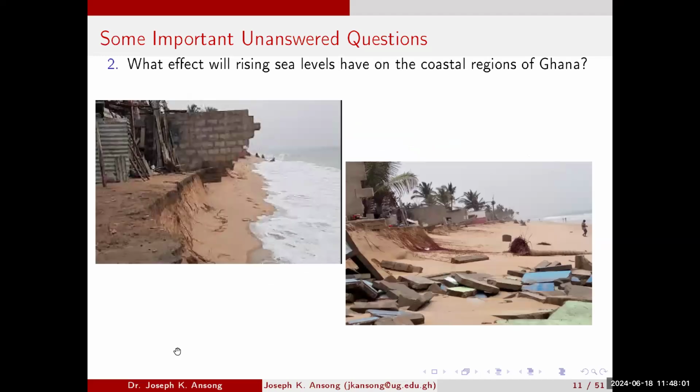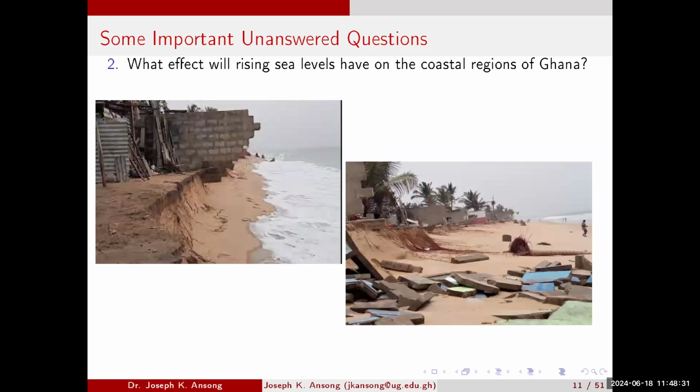Another question, which is unanswered, is what effect will rising sea levels have on the coastal regions, especially in Ghana? If you look at the coastal regions, you can see that because of the activities of storms, because of the rise in sea levels, all of these structures around the coast are being destroyed.